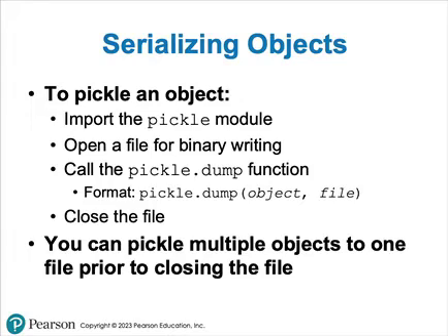And then, as always, when you're done dealing with a file, you should close it. You can write out or pickle multiple objects to a file before closing the file if you need to do that.